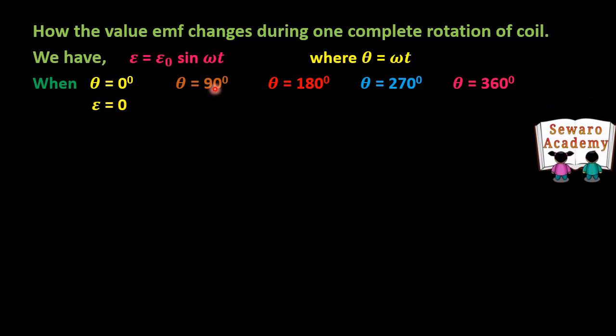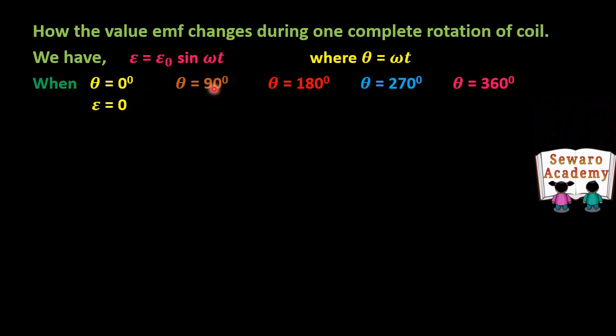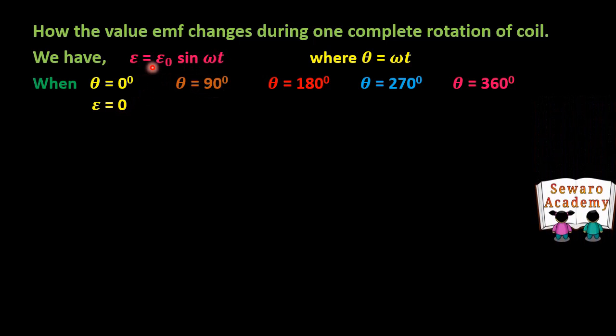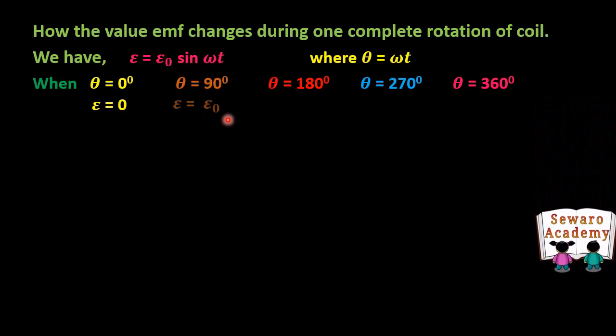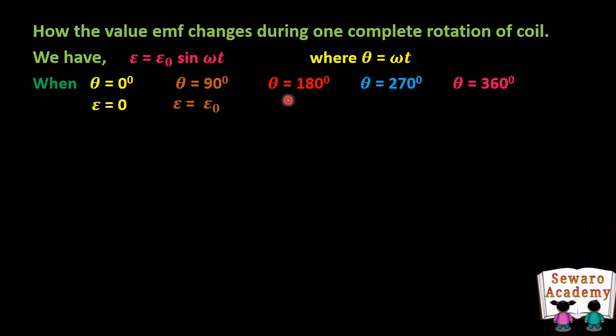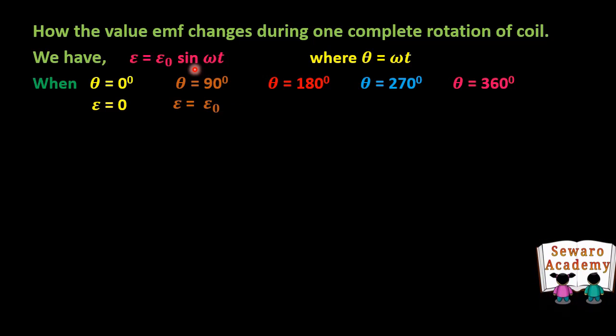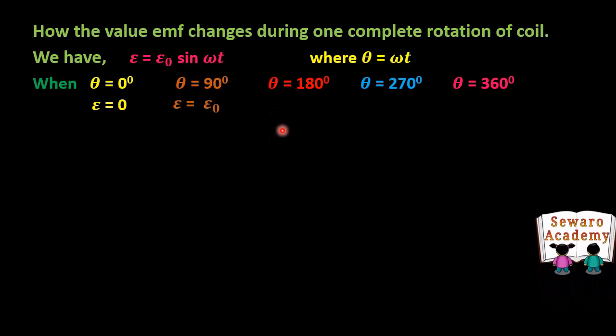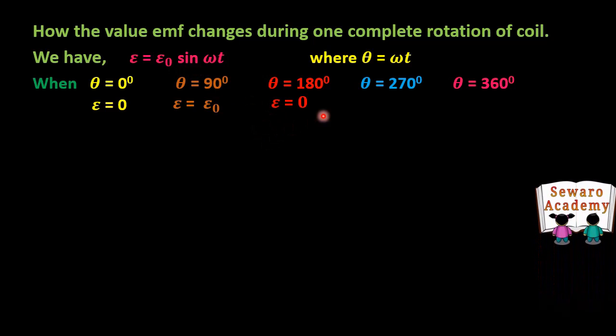When theta equals 90 degree, sine 90 degree is 1, so we get E equals E naught, which is the maximum EMF on the positive side. When theta equals 180 degree, sine 180 degree is 0, so again EMF will be 0.